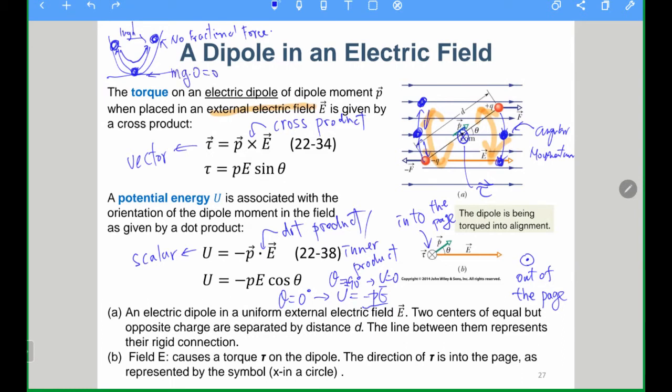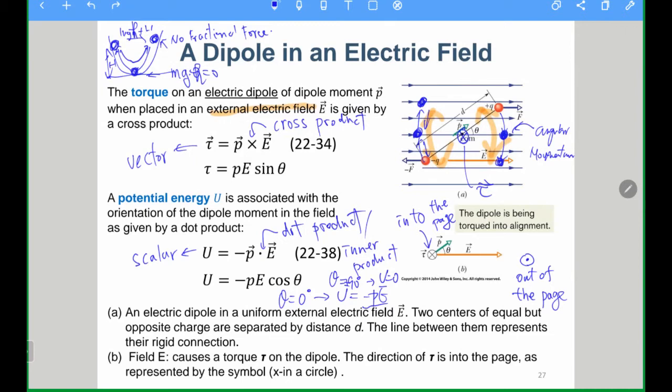But you can also define this one to be mgh, and this is mg times h plus H, if this one is capital H. So for potential energy, you need to consider the relative potential difference.